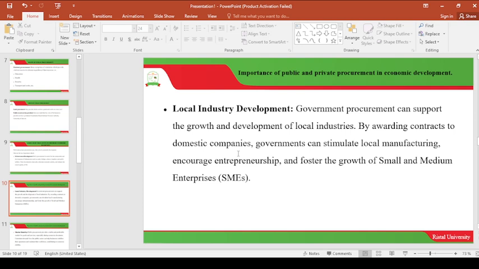This can be done by the local companies. So the government is the employer, giving job opportunities to domestic industry, and therefore helps in developing the local industries.